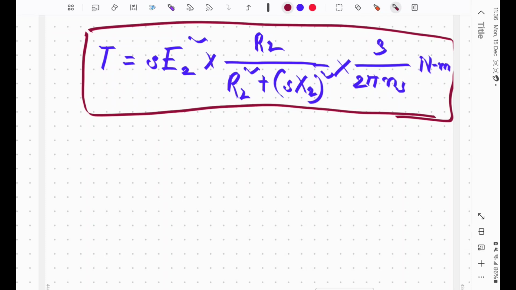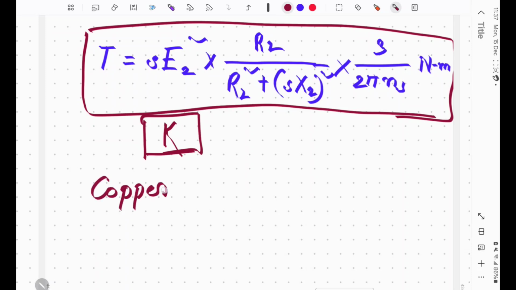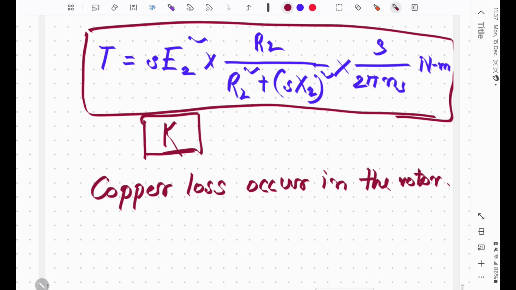Now, how is this constant k derived in the equation? In the three-phase induction motor, copper loss occurs in the rotor.